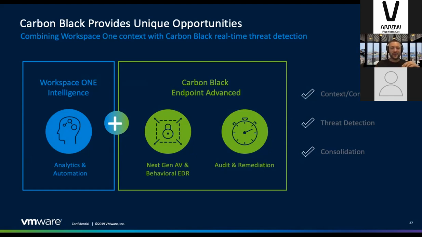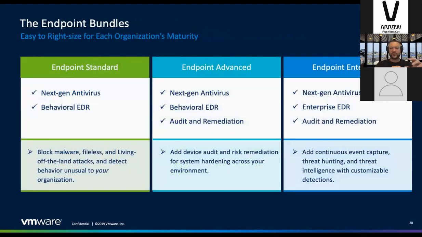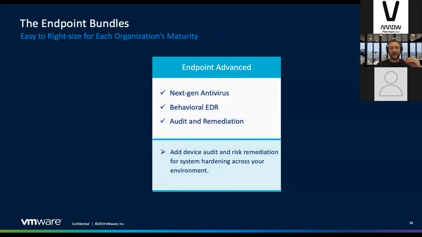You might remember that at the start when I showed the big slide with all the different capabilities, we talked about the Workspace ONE security add-on. So the Workspace ONE security add-on is Endpoint Advanced. That is an add-on to the Workspace ONE Advanced SKU. So if you have Workspace ONE Advanced, you can then get Workspace ONE Security, which is the Carbon Black bolt-on.